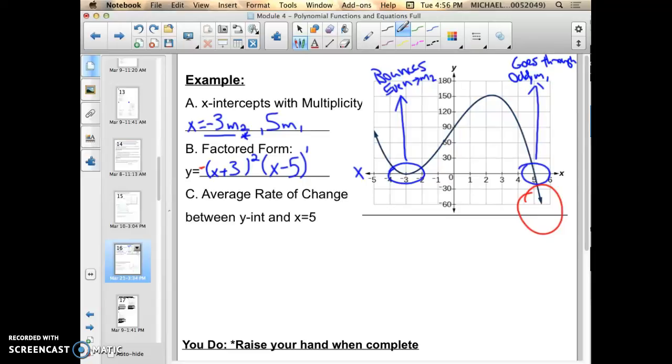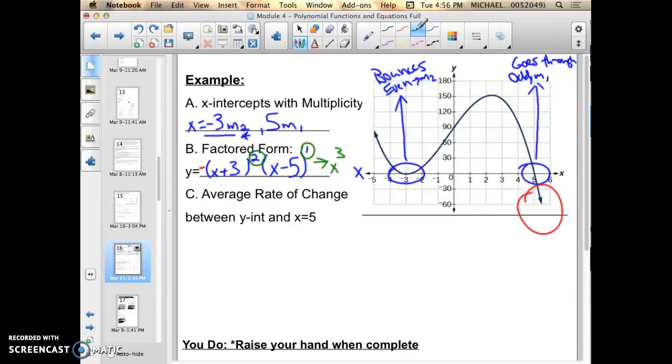Now I need to find what the highest power of this polynomial is going to be. So I do that by adding up all of the powers that exist. And in this case, 2 plus 1 is going to be x to the third. So the highest power of this polynomial function is x to the third. Another way to say that is the degree of this polynomial function is 3.